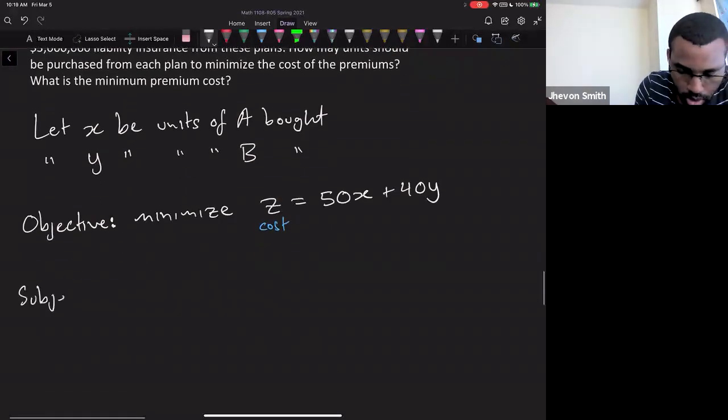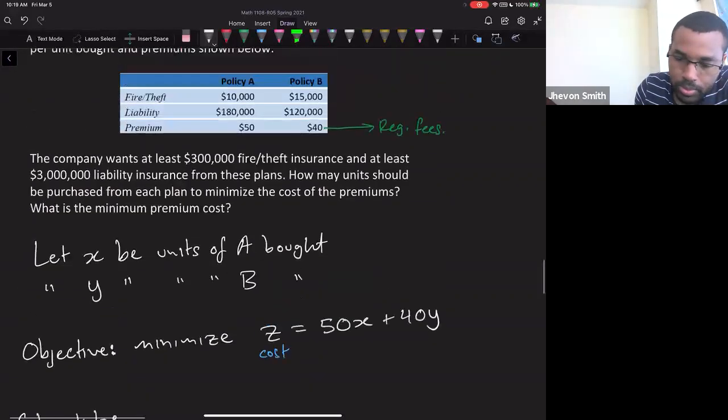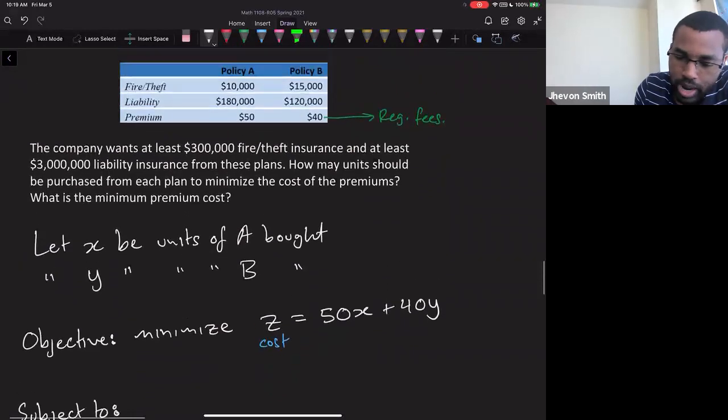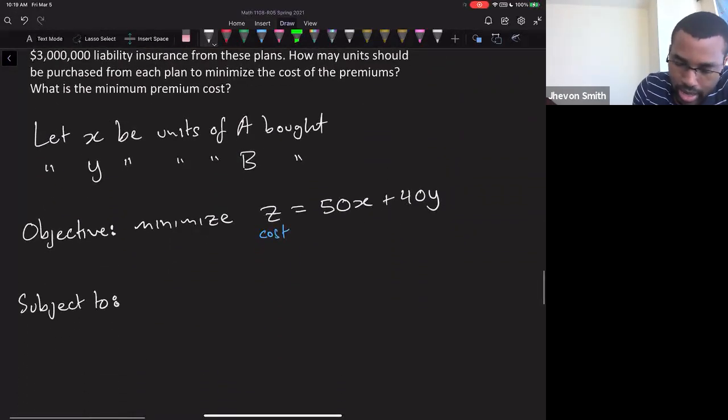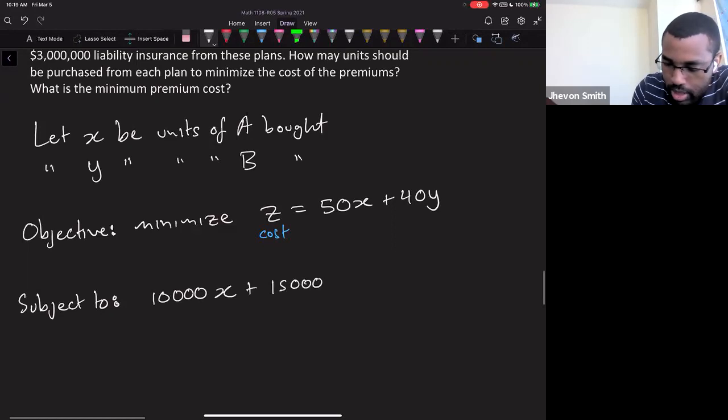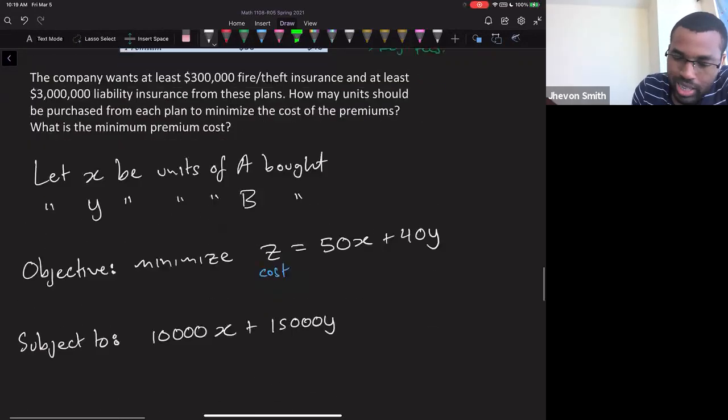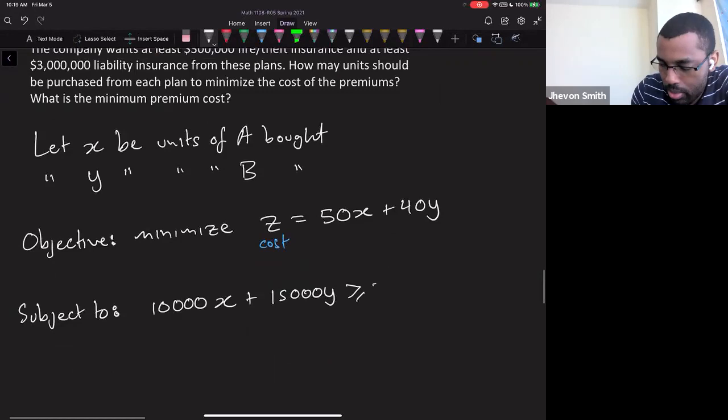Subject to, what are my restrictions? I want at least 300,000 in fire and theft. For policy A, I get 10,000. For policy B, I get 15,000. And I want at least 300,000.